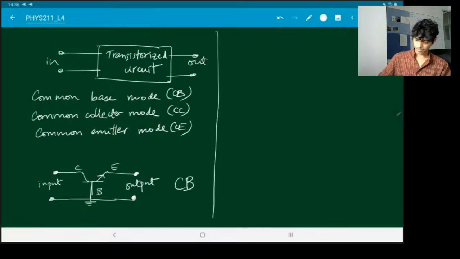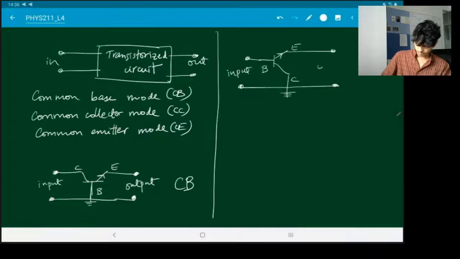What does a common collector mode look like? Base, emitter, collector, NPN. So now the input is between base and collector, and the output is between emitter and collector. So this is the common collector mode.